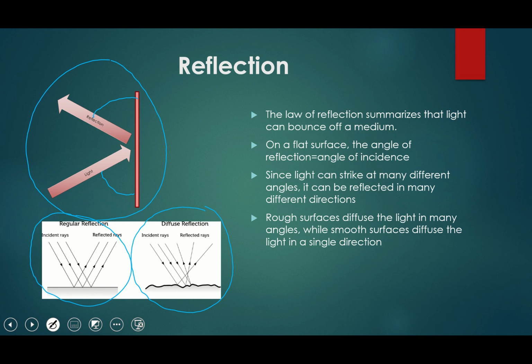Rather, the light, as it hits a rough surface, is bounced off in many different directions, as you can see. This allows rough surfaces to be seen from any angle, whereas with hard, flat surfaces, to see the reflection, you have to stand at a particular angle.